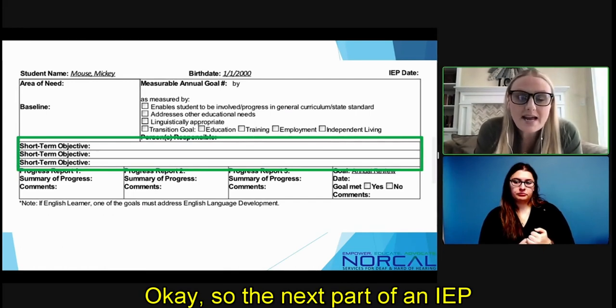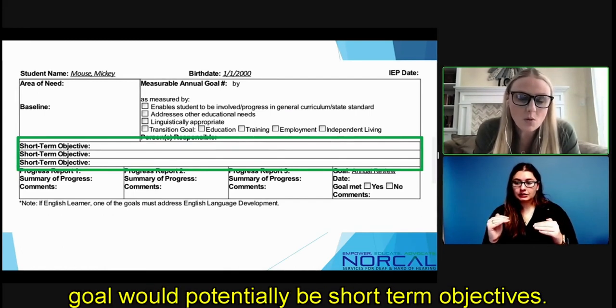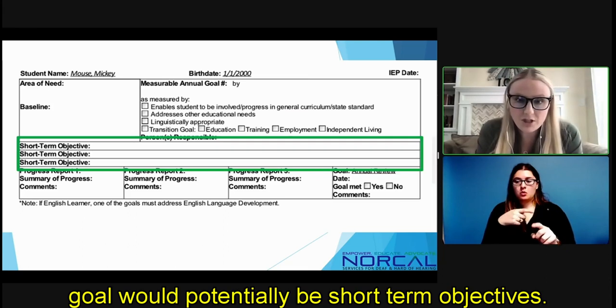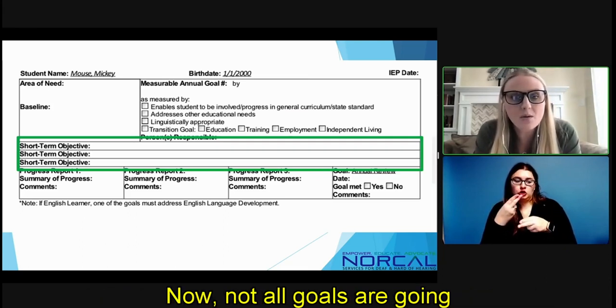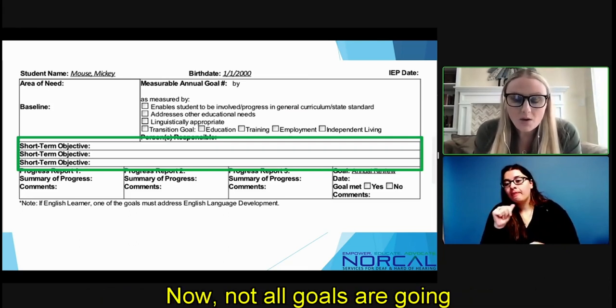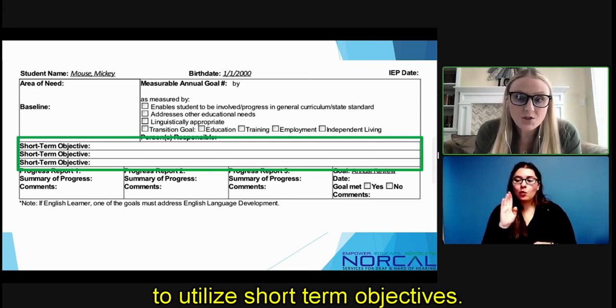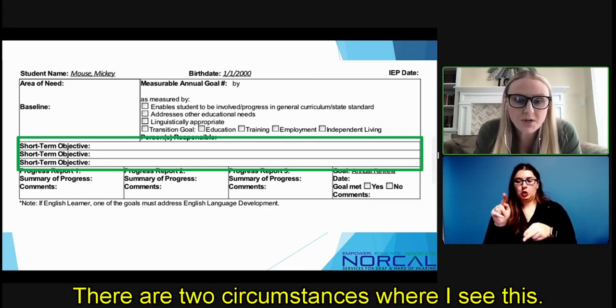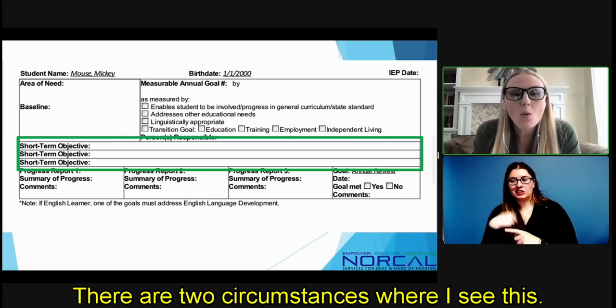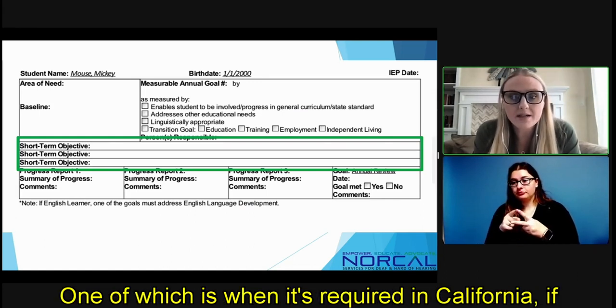Okay, so the next part of an IEP goal would potentially be short-term objectives. Now, not all goals are going to utilize short-term objectives. There are two circumstances where I see this, one of which is when it's required.